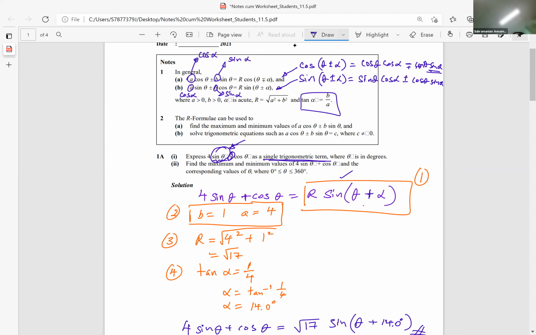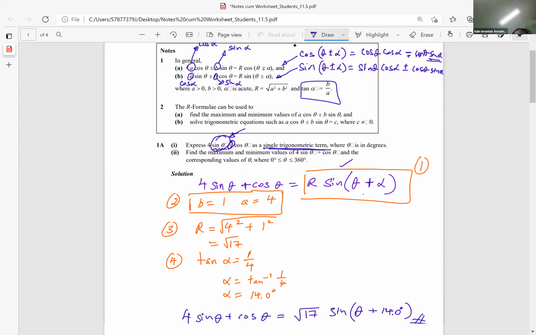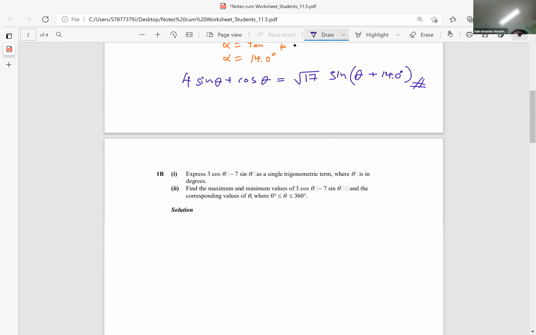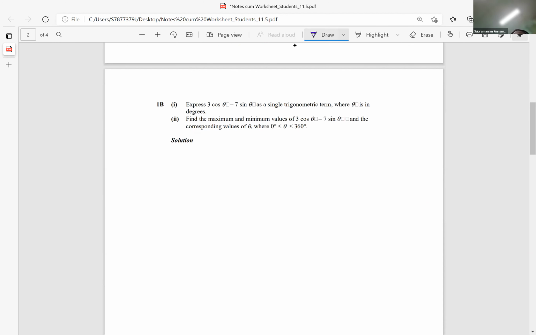Then can we just do a few more examples here? Just keep this at the back of your mind. Now you have cosine here. You're starting with cosine. So should it be the cosine addition formula or the sine addition formula, guys? Cosine. Exactly. So the first step is to identify.